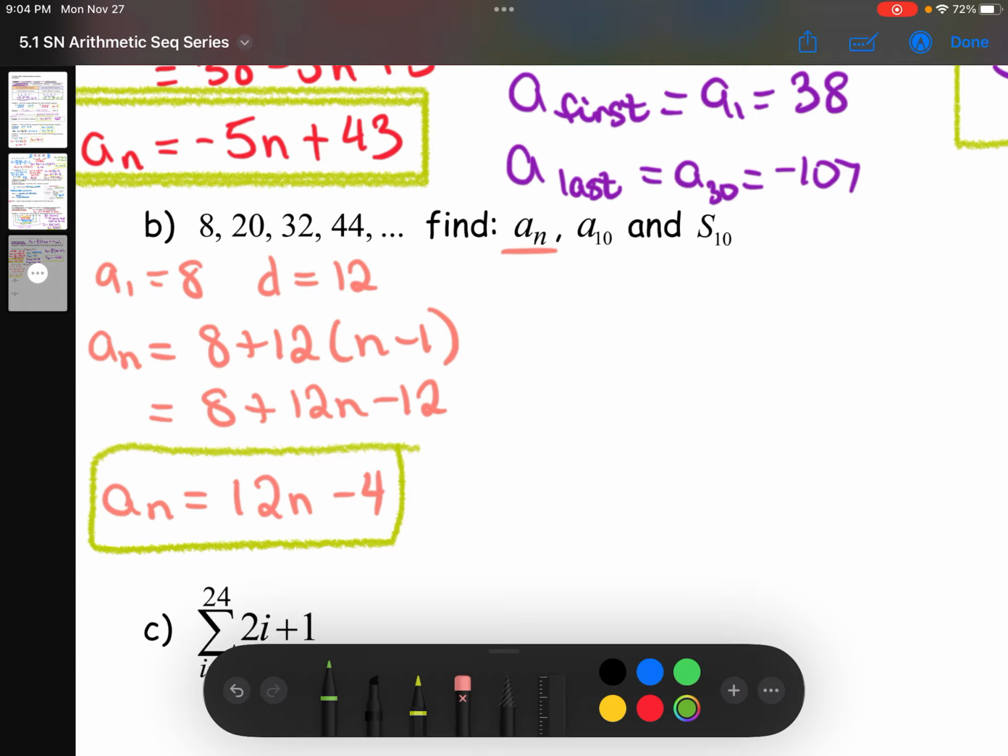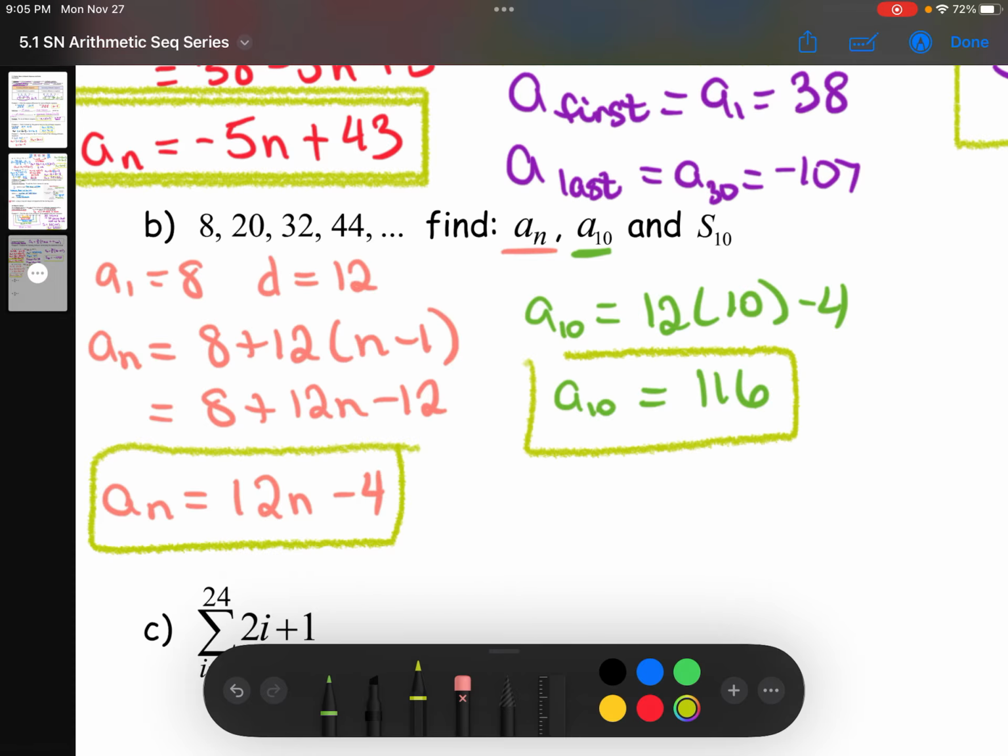Now, we want a sub 10, so plug in that 10. A sub 10 would be 12 times 10 minus 4. So a sub 10, 120 minus 4 is 116. A sub 10 is 116.